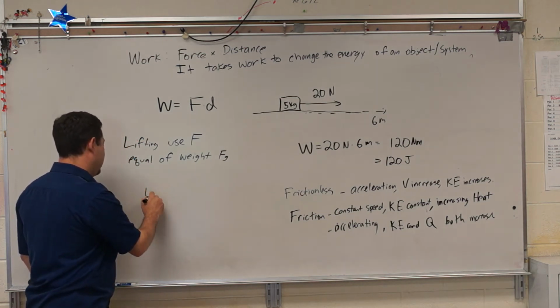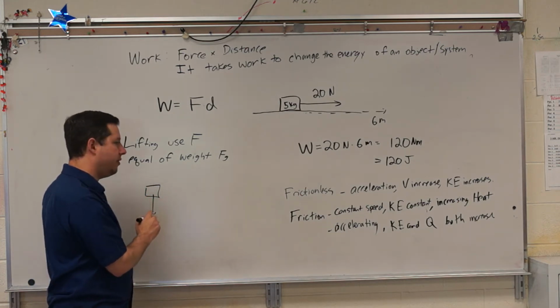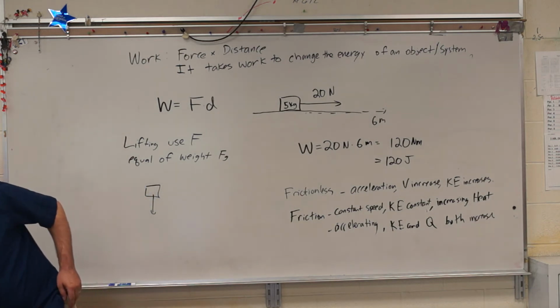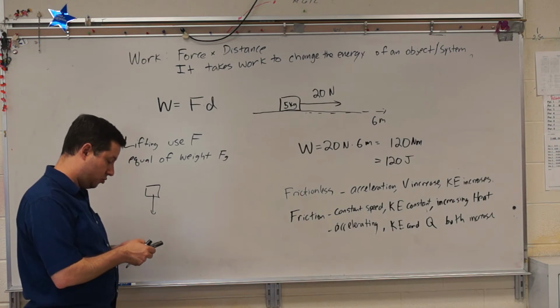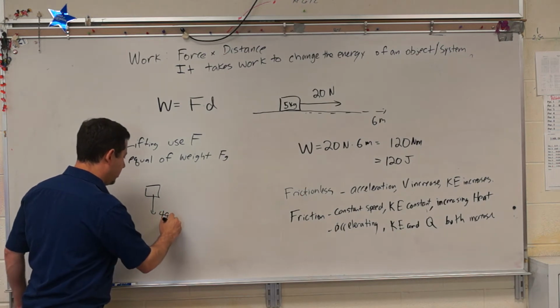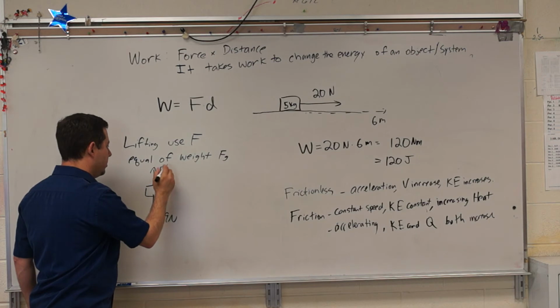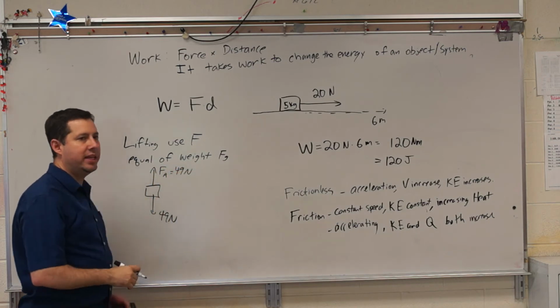If the weight is 5 times 9.8 meters per second squared, that means 5 times 9.8 equals 49 newtons. That means you're lifting it with 49 newtons. So you're applying 49 newtons to lift it.